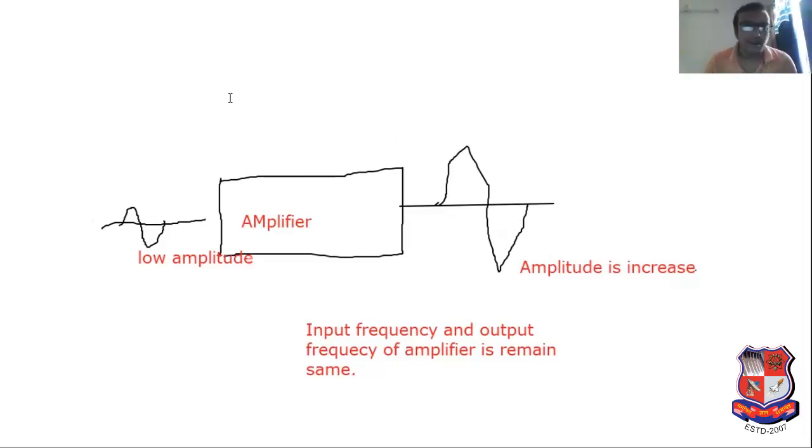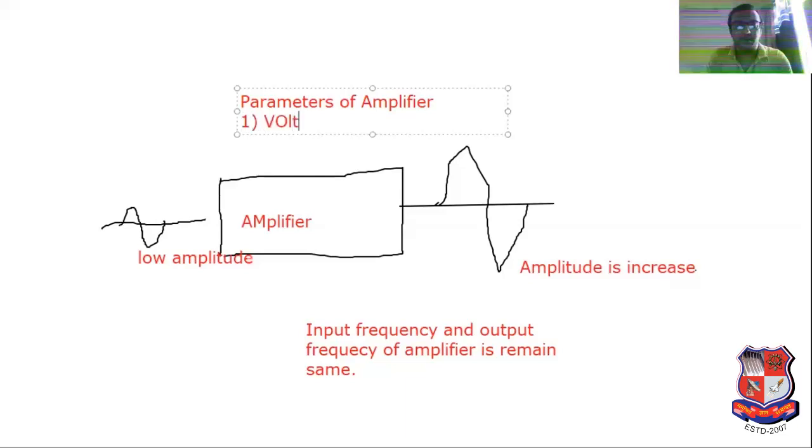And what are the different parameters of amplifier? What is the first parameter? It is known as voltage gain. The other parameter is current gain.